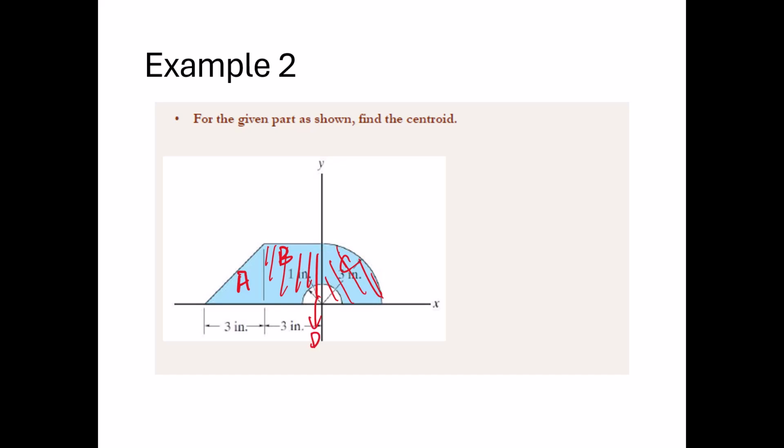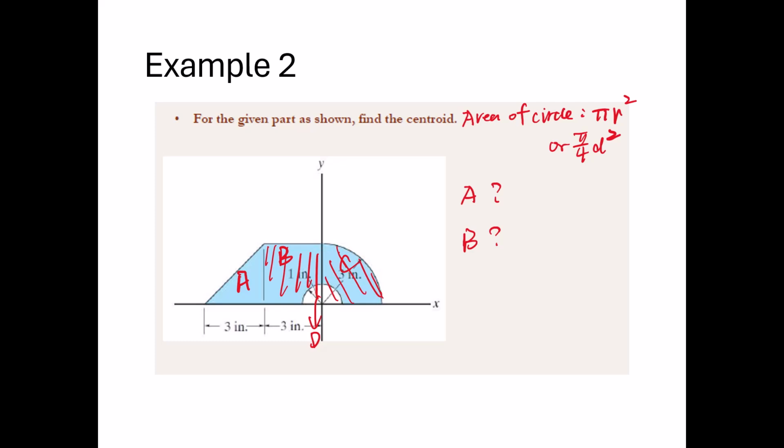And the equation, in case you forgot it: area of the circle is pi times r squared, or pi over 4 times d squared. For the shape A, I hope you can calculate it by yourself very quickly.